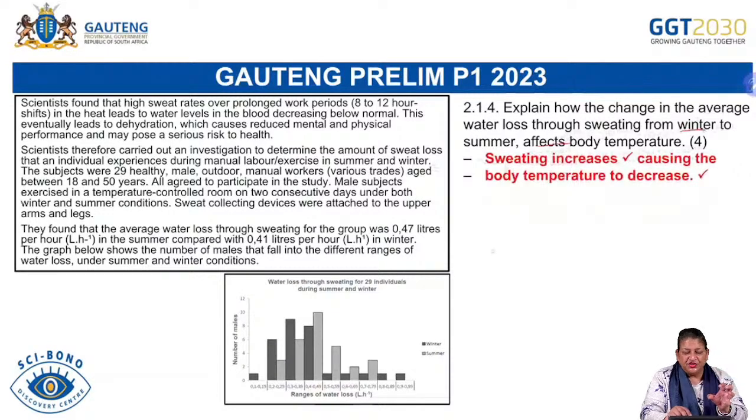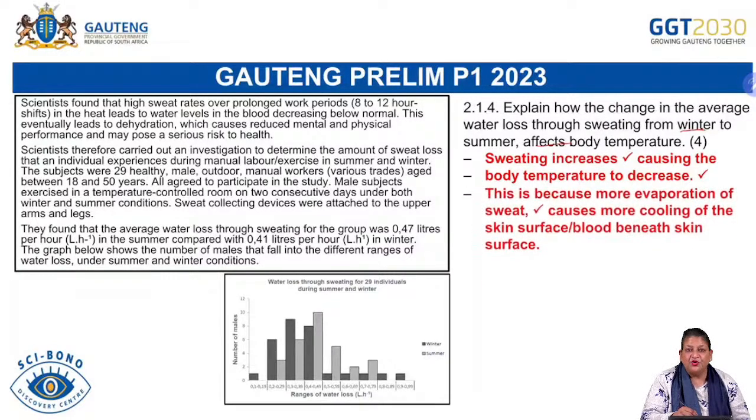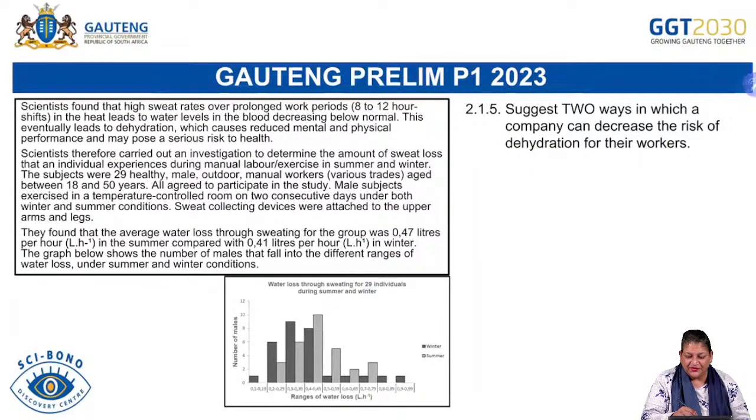They want to know, how does the change in the average water loss from sweating affect the body temperature? Because you're sweating in summer, what's going to happen? More sweat, more evaporation, and the body temperature will decrease because there's more evaporation.